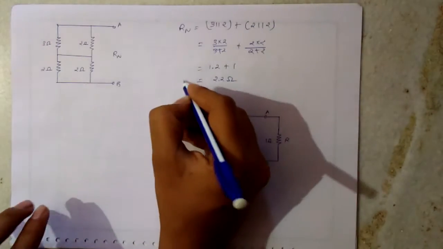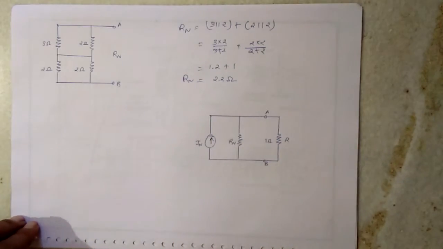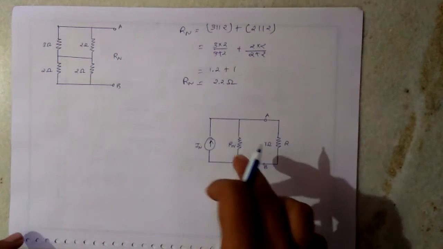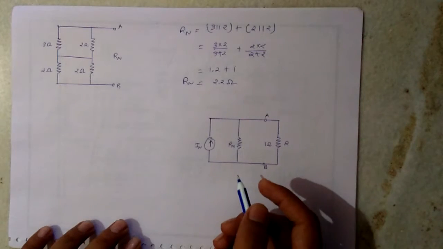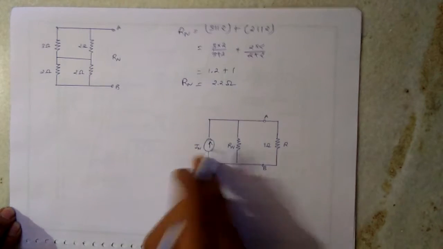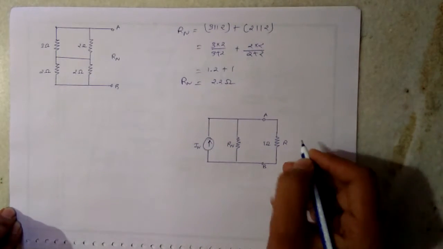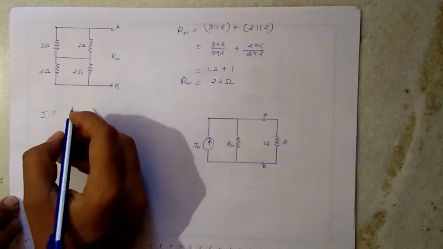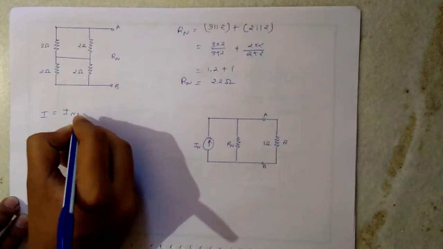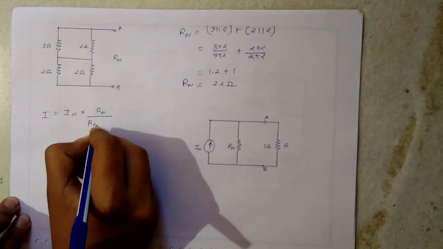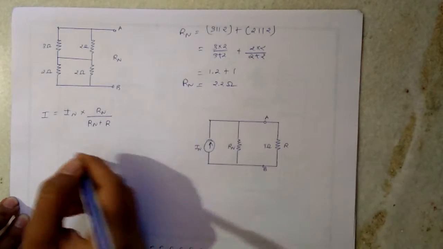Now as we have found Rn, that is 2.2 ohm, and In, that is 26 divided by 44 ampere, this is the Norton's equivalent circuit. Now here we have already derived In and Rn, and RL is given, hence the current flowing through this resistance will be equal to In multiplied by Rn divided by Rn plus R, that is this resistance.